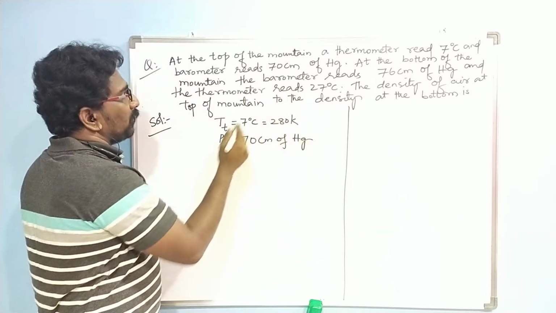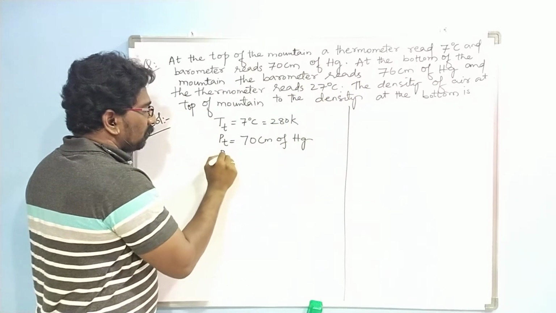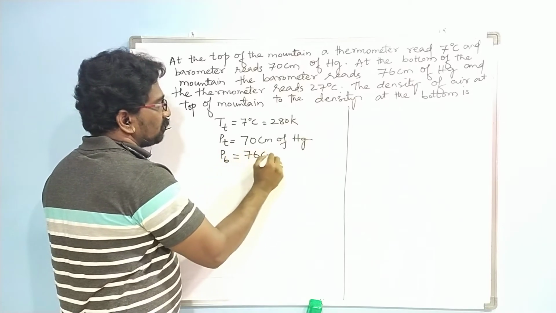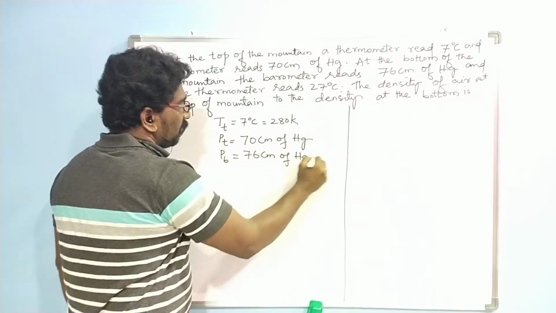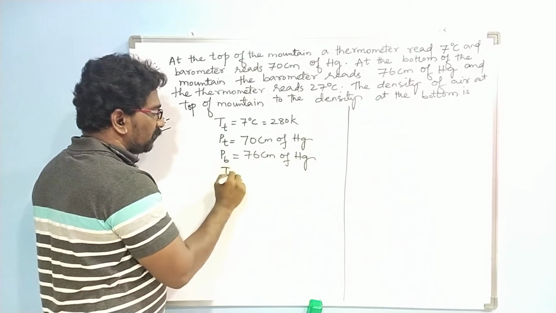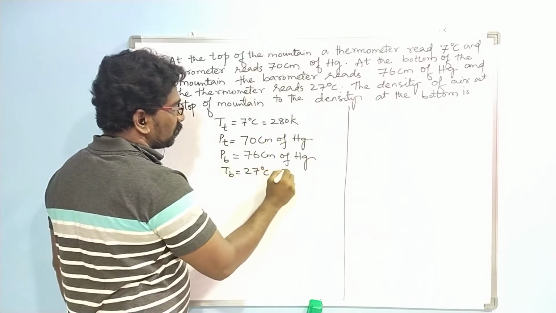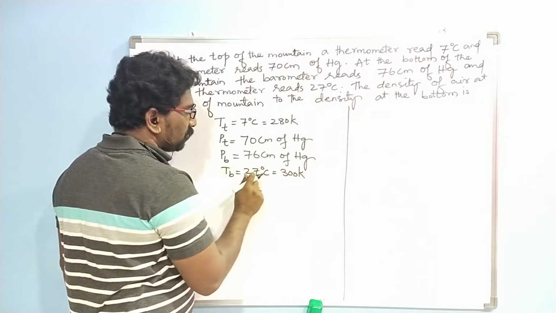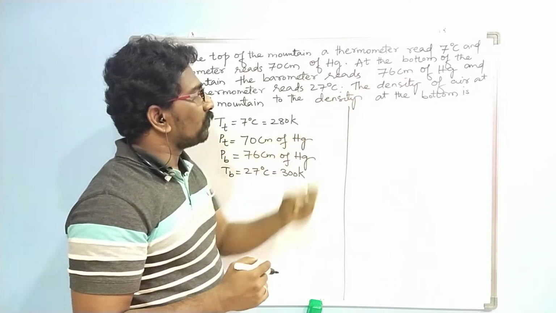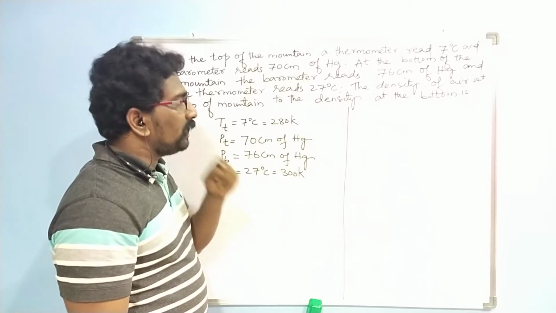At the bottom of the mountain, I am taking B as bottom, pressure is equal to 76 centimeter of Hg, and temperature at the bottom is given as T_b equal to 27 degrees Celsius. So 27 degrees Celsius is equal to 300 Kelvin, that is 27 plus 273 equals 300 Kelvin. Now we are supposed to find the density of the air with respect to top and bottom of the mountain.